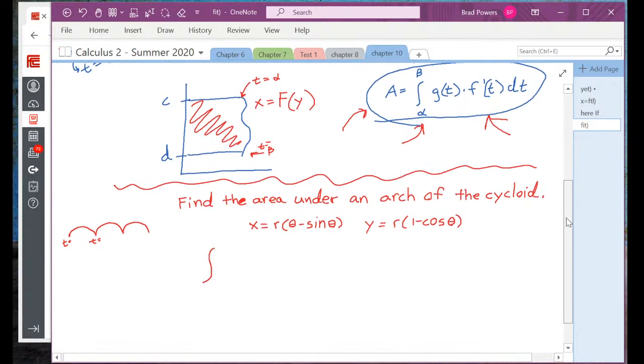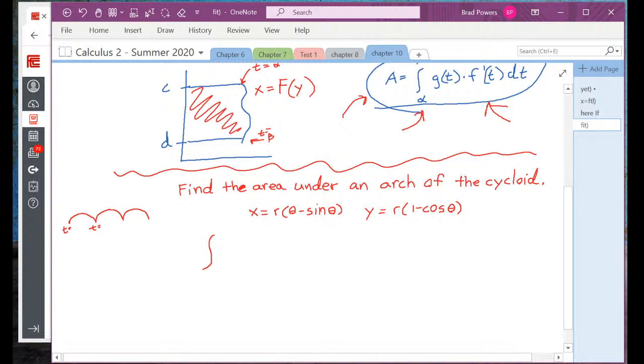All right? And if you don't know how to do that, maybe we can explore that in class a little bit. But I'll plug in 0 here, and what values for theta will I get? Well, I get 0 and 2 pi.